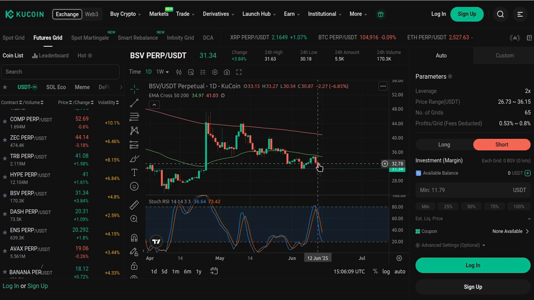probably here, because all I'm seeing is a bullish entry here. So the best case scenario is it could be similar to what happened here, where you have this bullish entry and then it just crashes after that.